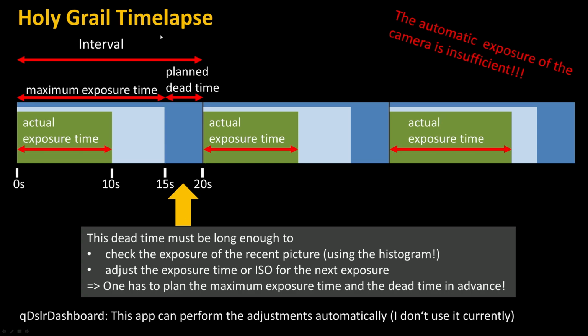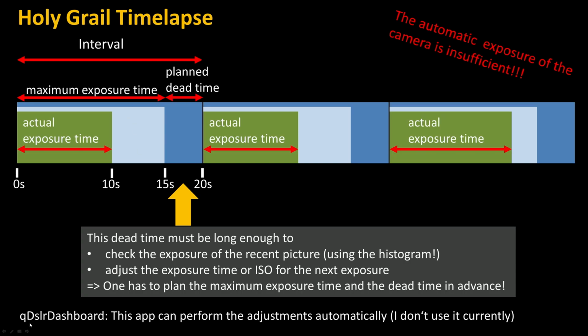And with Holy Grail time lapses, I said you have to constantly correct your exposure time or the ISO, and you have to do that yourself because the automatic exposure of the camera is insufficient in that case. As soon as it gets really dark, the camera cannot measure the exposure well enough.